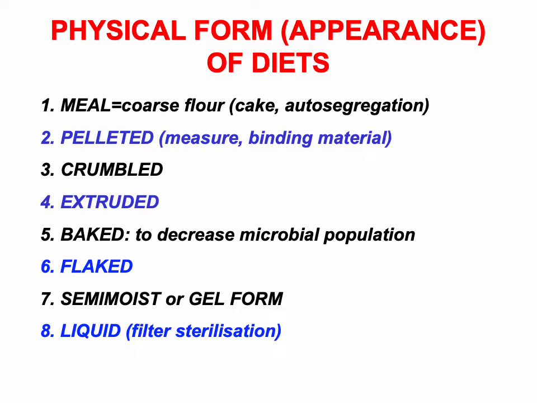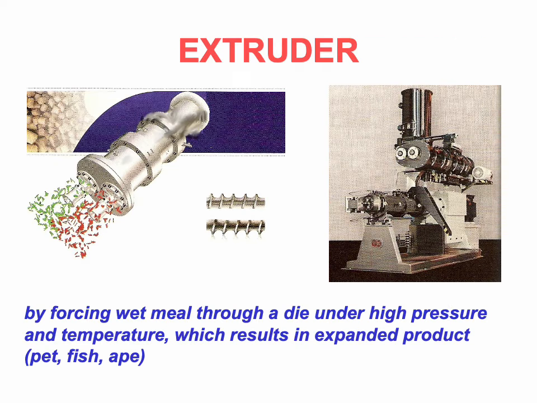Crumbled for small animals, extruded, see later, baked, flaked, semi-moist or gel form, and even liquid when we can use filter sterilization. Here you can see how an extruder is working by forcing wet meal mixture through a die under high pressure and temperature, which results in an expanded product at the end. Especially pet, fish, and ape are fed on extruded diet.